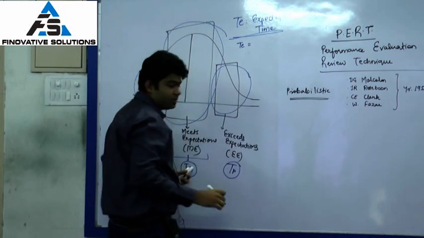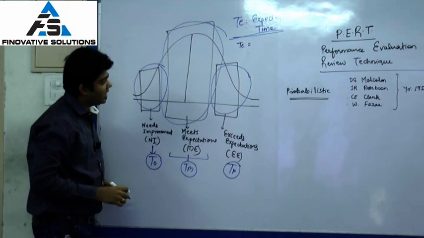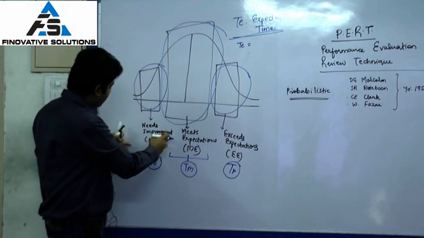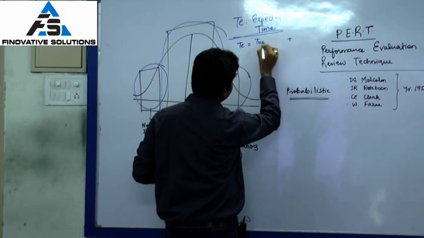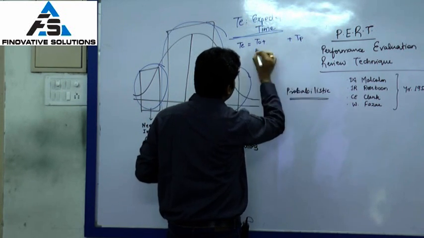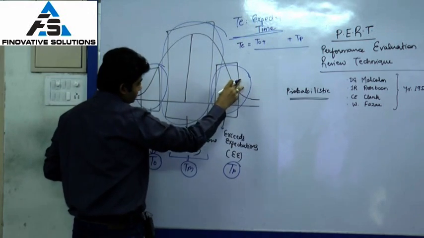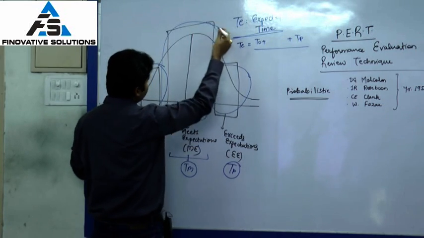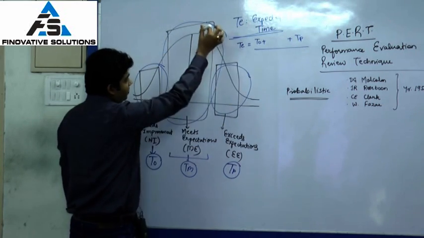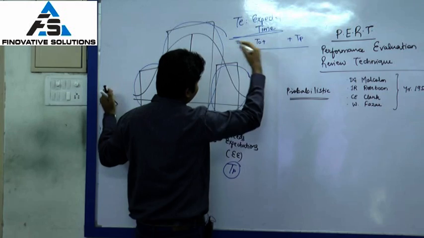TE, which is expected time, is equal to a part of TO, a part of TP. So one part of TP and one part of TO, plus if you see that majority of the numbers will fall here, majority of time duration will fall here.